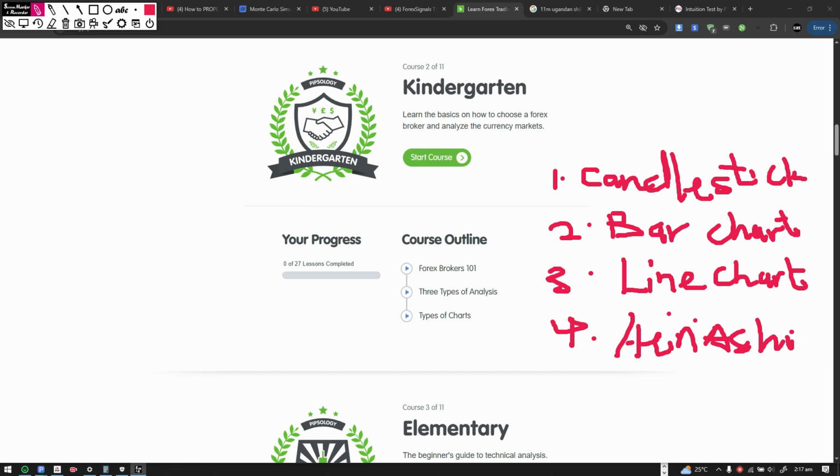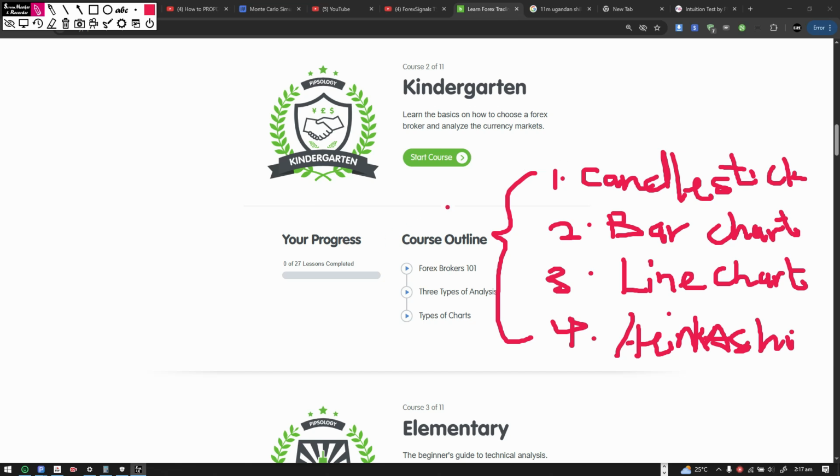So these are the four charts we have, right? There are a lot, but these four we mainly rely on, right? All the charts are important based on how you're using them, right?